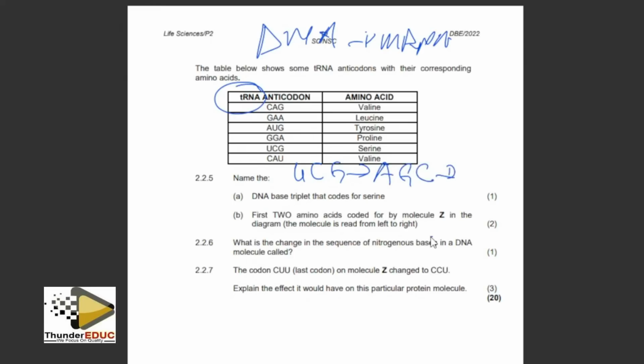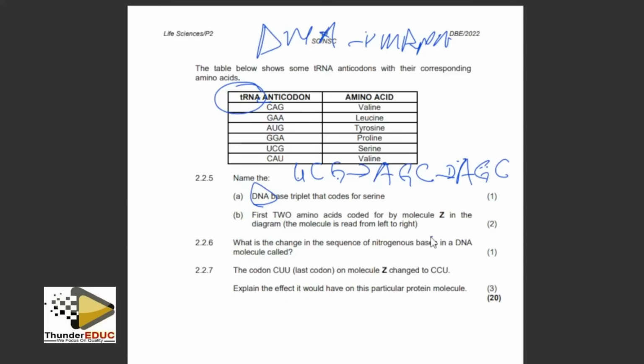Then convert it to DNA because they want DNA. How many times do you convert? It depends on what they have given you. So it's going to be TCG. Are they saying serine? Yes, that's what the answer is going to be.